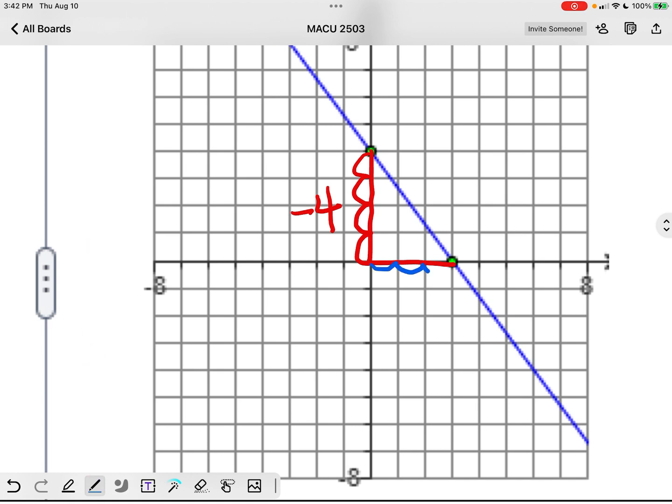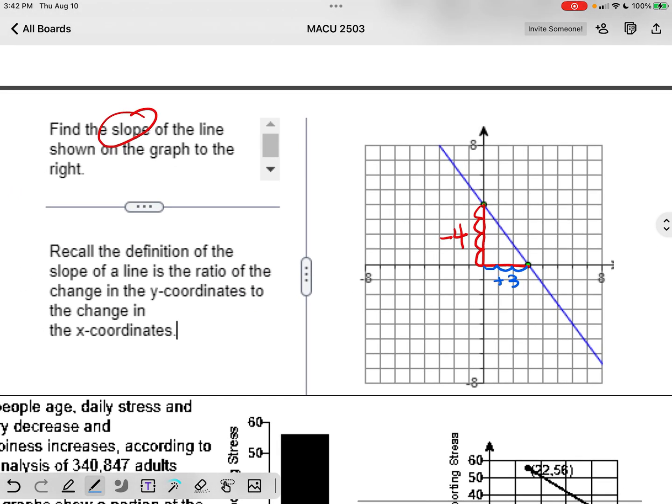And then I went to the right 1, 2, 3 boxes. When determining my slope, I would put my rise on top of my run. So my answer would be -4/3, or you could say 4 and -3 as such. As long as they're both not a negative, then you're safe.